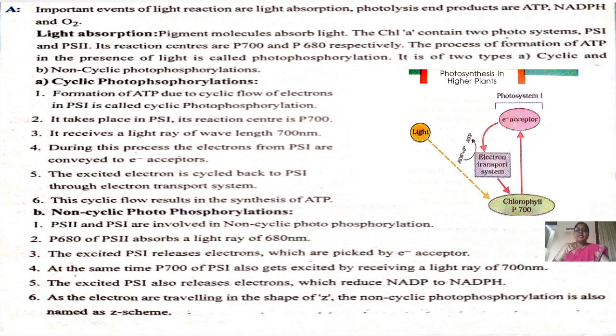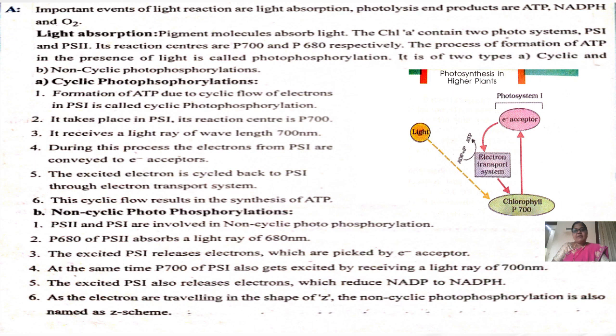So this is about light absorption. Once again, in light absorption, so many pigments are involved, and these pigment molecules absorb the light. The chlorophyll A contains two photosystems, photosystem 1 and photosystem 2, and they are different in their reaction centers.